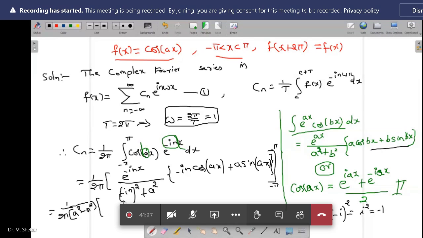Okay, and now you put the upper limit. When I put the upper limit, this will be e power minus in pi into minus in cos pi a plus a into sin pi a, x is pi, minus the lower limit, that is minus pi, it will be e power in pi into minus in cos minus pi a, and then plus a times sin minus pi a.